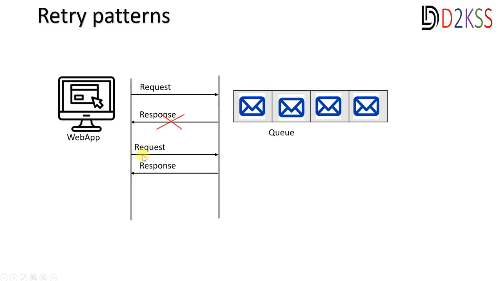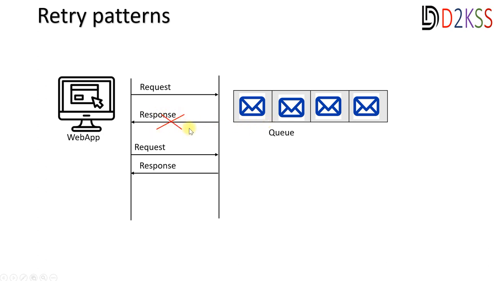And one more important thing is the retry pattern. In this approach, for example, consider you are accessing a web application and trying to read data. You send a request to read the message from the queue.